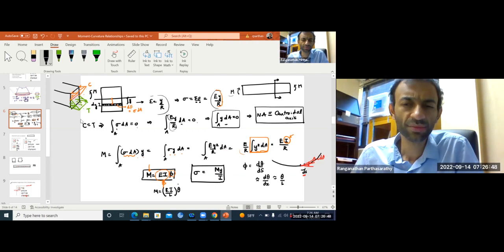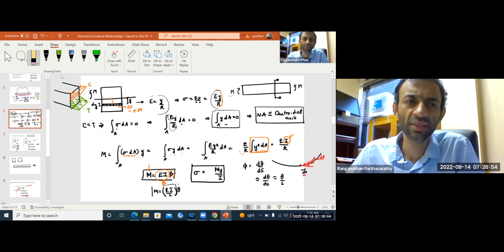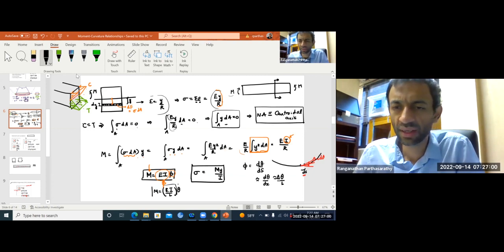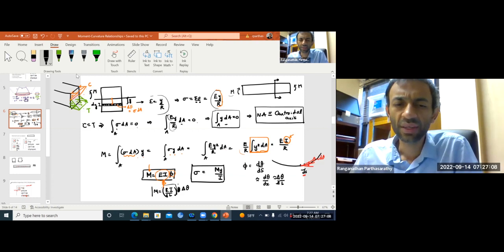So now, let's make it delta theta over delta L. So EI delta theta over delta L. So for a segment of length L, your EI over delta L, this is your flexural stiffness.